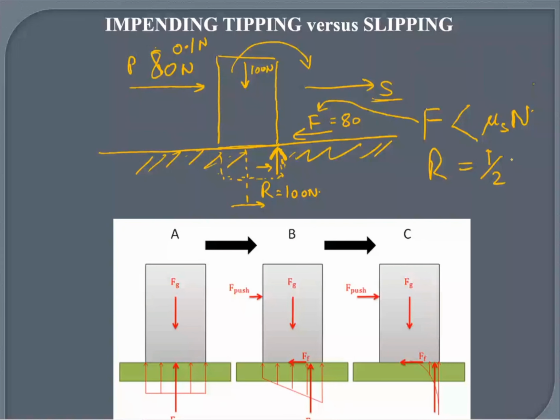So when tipping occurs, it means my friction force was less than the maximum value, and the R reached the edge of the object. You agree with me on this one? Yes, sir.